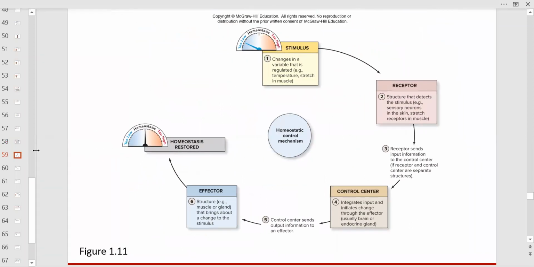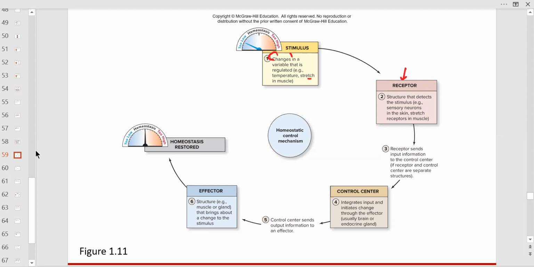So let's see, what's next is basically just kind of talking about what we just said, right? You have a stimulus, which I like to say is a change in whatever the system is, in this case temperature or stretch. The receptor is usually nervous tissue, like for temperature, it could be in the skin.